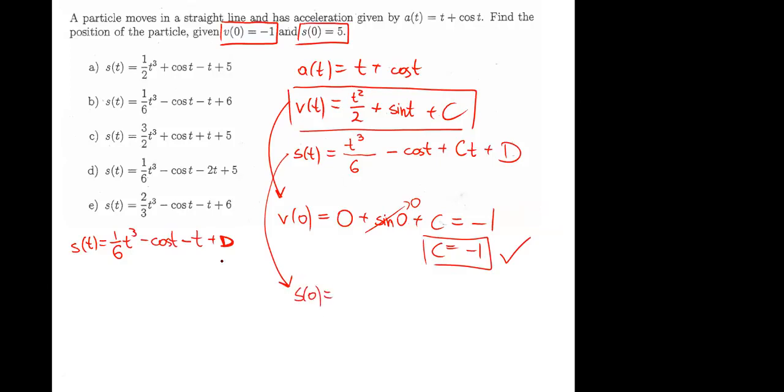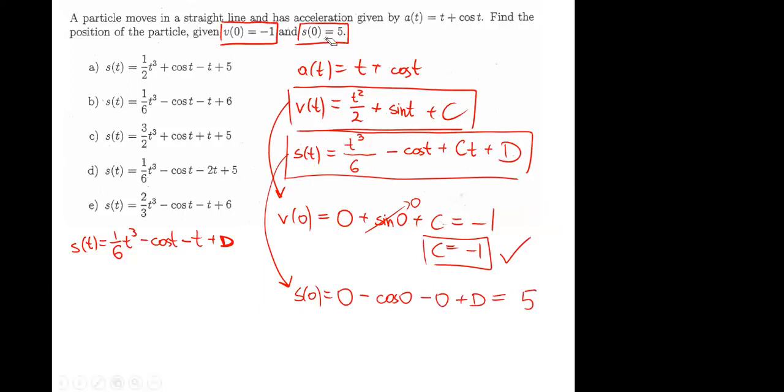Let's see, the position function is here. 0 over 6, of course 0, minus cosine at 0, and c is -1 but times 0 is still 0, plus d equals 5. Now, what is cosine at 0? It's 1. As soon as you see a trigonometric function, we know that this quantity 5 is affected by something.